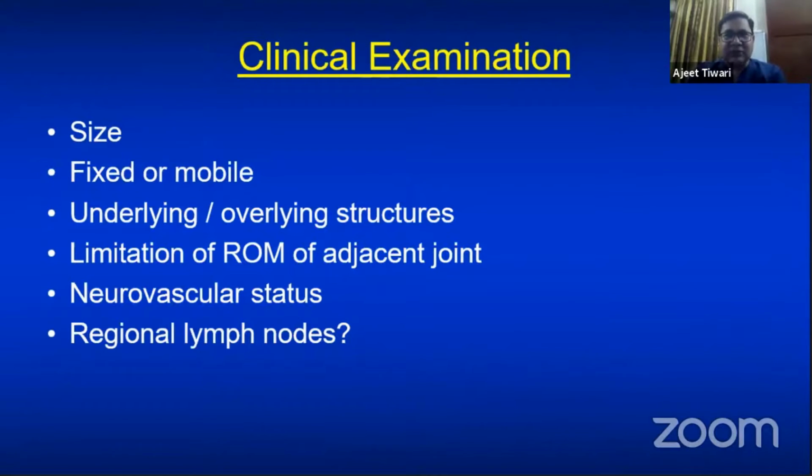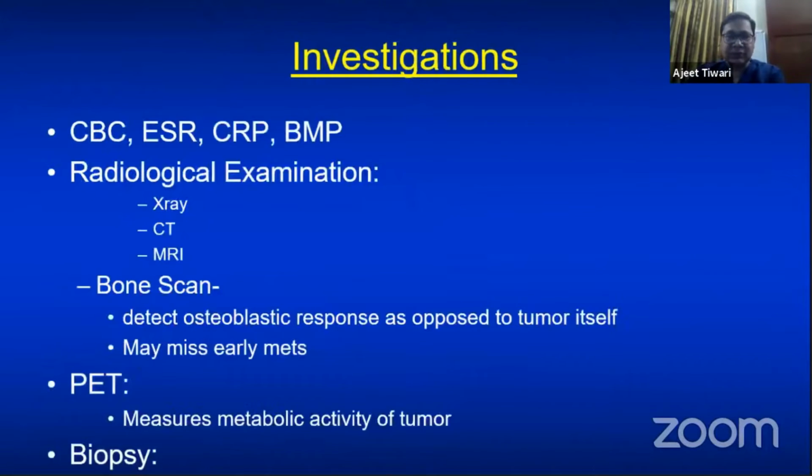See any kind of vascular changes or venous skin changes over the lump, or any limitation of the adjacent joint. How is the neurovascular status? How is the vascularity? How is the sensation? Because whenever a lump is there, the patient may have symptoms of compressive neuropathy. And don't forget to check the regional lymph nodes.